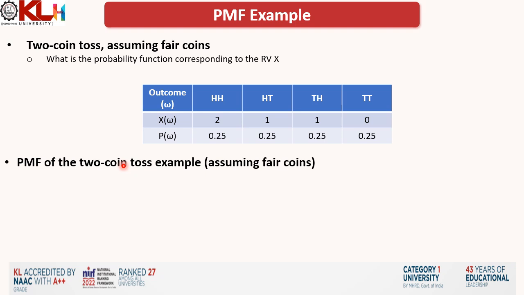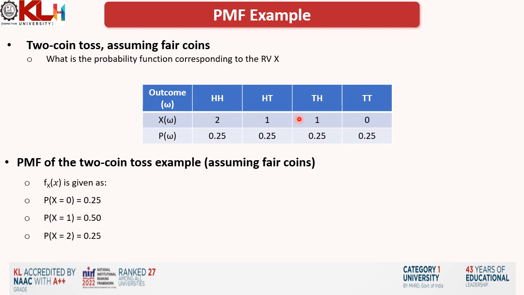But the PMF talks about the probability of the random variable X taking a particular value. So here X can be 0, 1 or 2. So the PMF is given by the probability of random variable X taking a value 0, which is 0.25, probability of X taking a value 1.